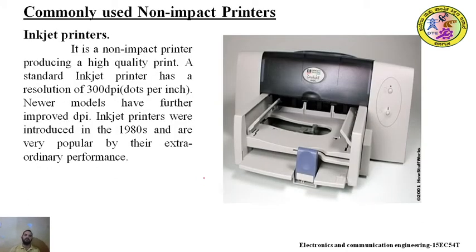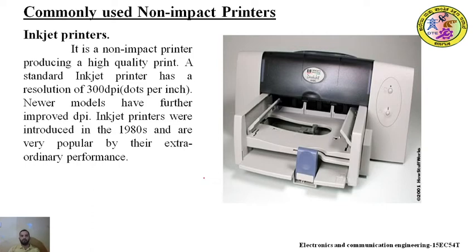Now we will see the commonly used non-impact printers. Nowadays in the market we use non-impact printers. The first one is the inkjet printer. It is a non-impact printer, producing a high quality print. A standard inkjet printer has a resolution of 300 dpi, dots per inch.